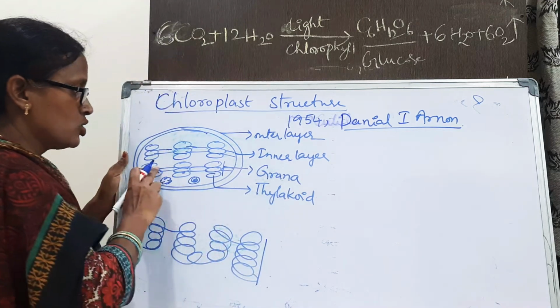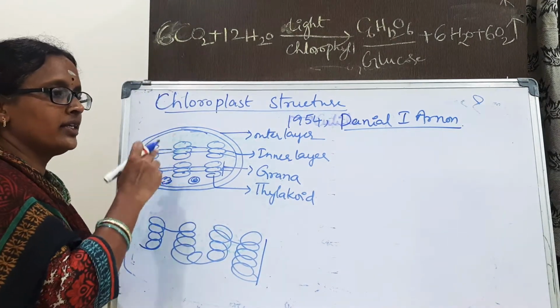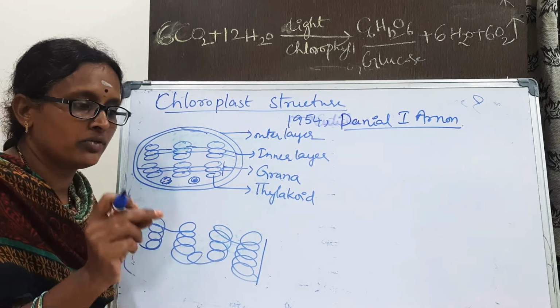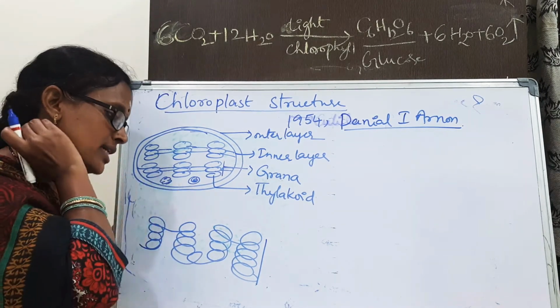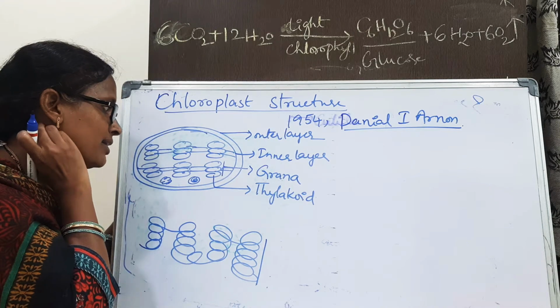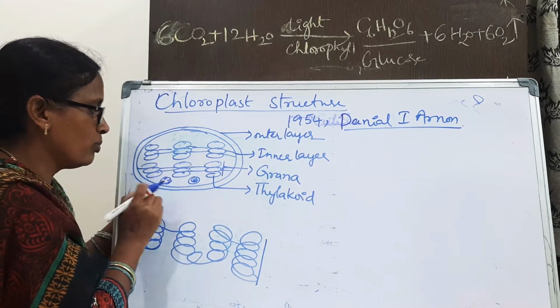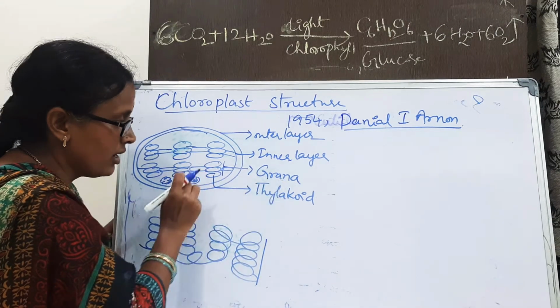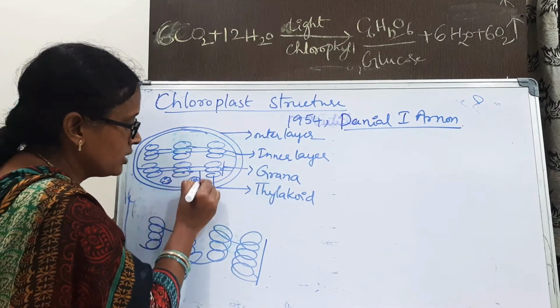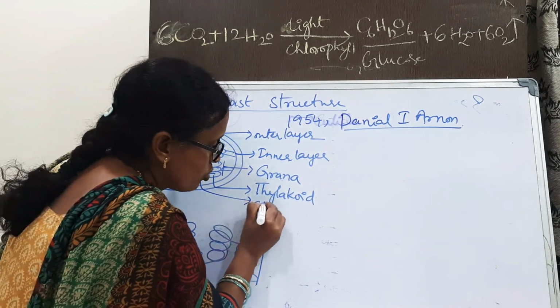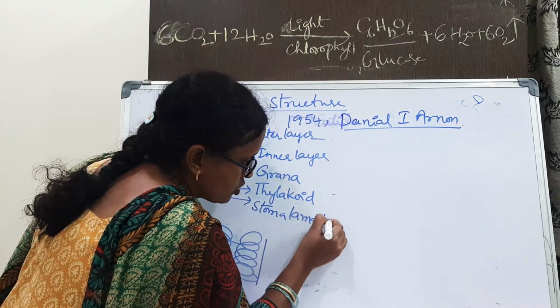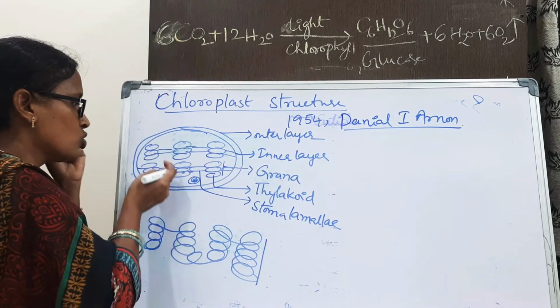Once again, the third layer is folded to form sacs. The word sacs is given in our text, so remember the sacs. They form sac-like structures inside the chloroplast, and those are known as grana. They are connected with the stroma lamellae.